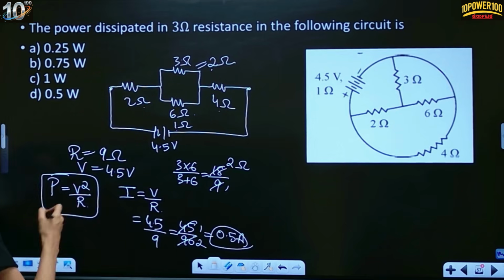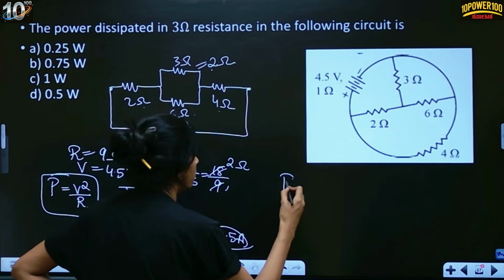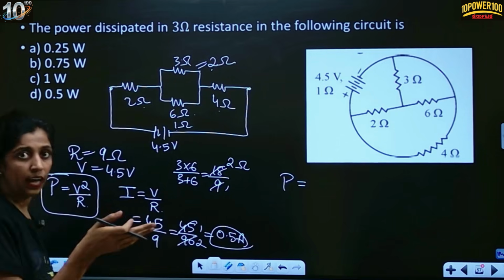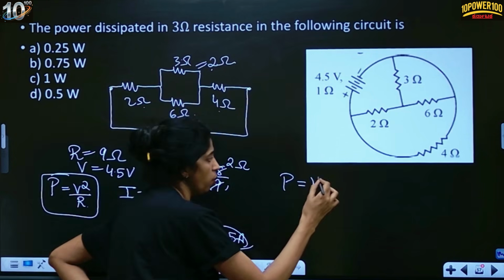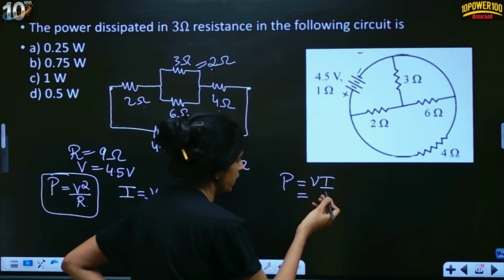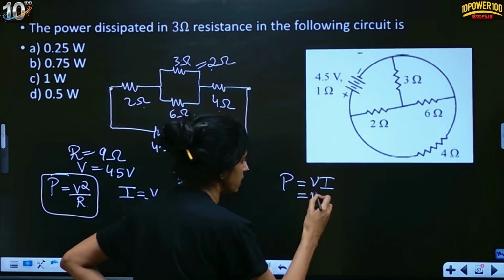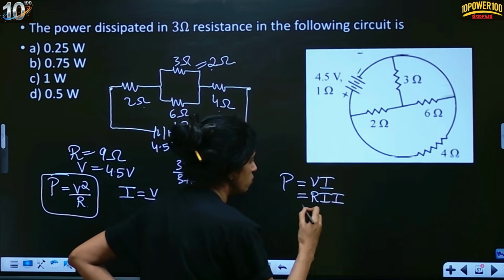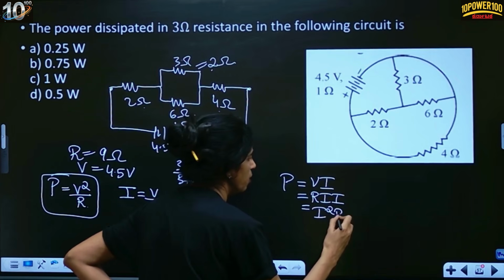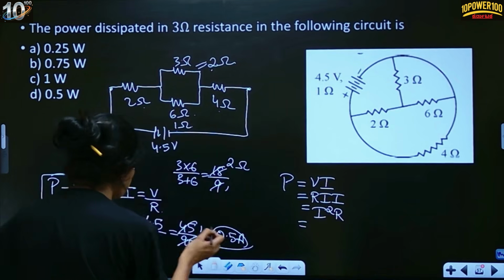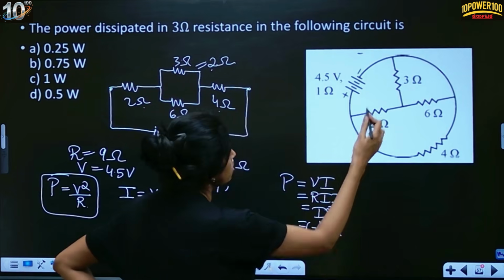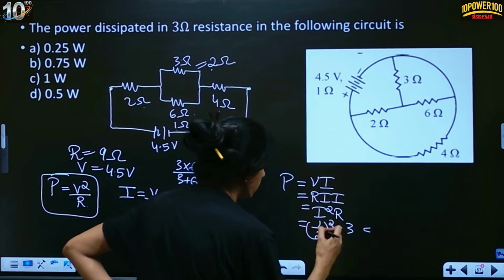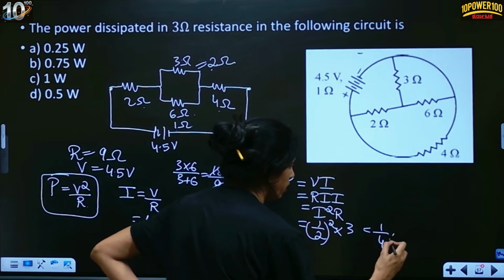Now use it in a formula. The main formula is P equals VI. I need the current with resistance, so take V as R into I, and you will get I square R. I is 0.5, or half, squared, and the resistance across the 3 ohm is what they're asking. So half square is 1 by 4, into 3.